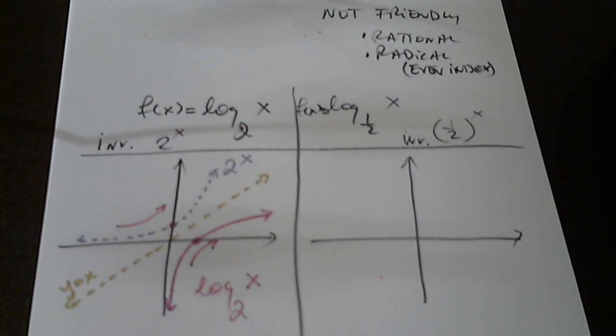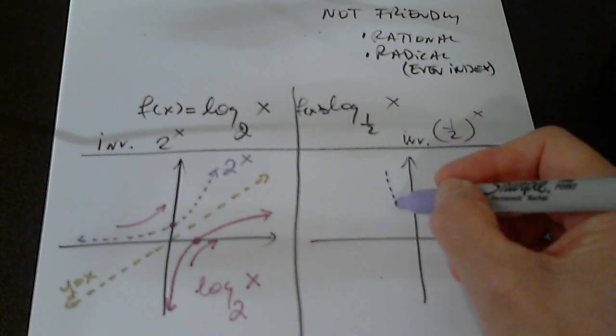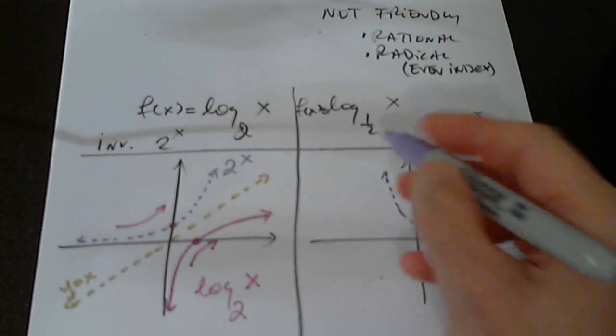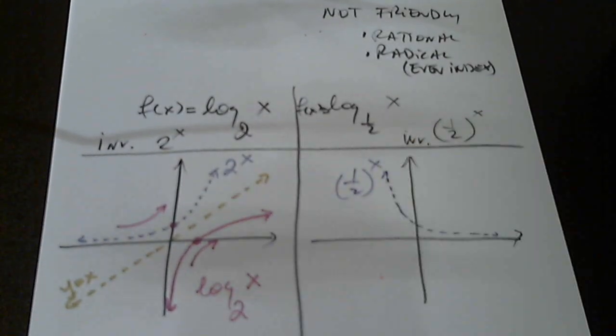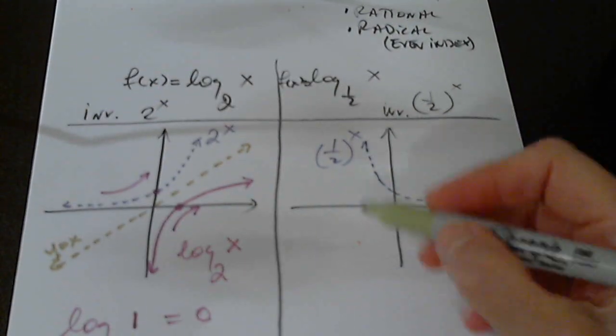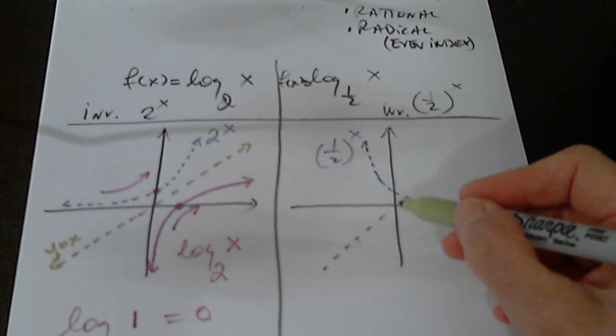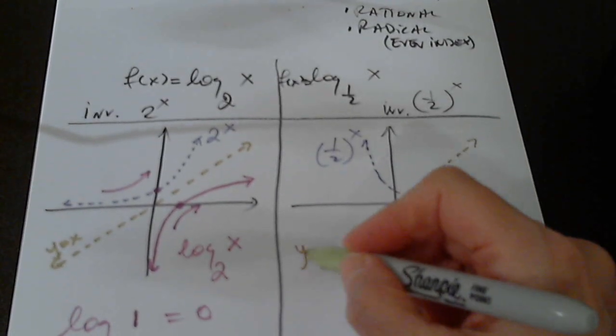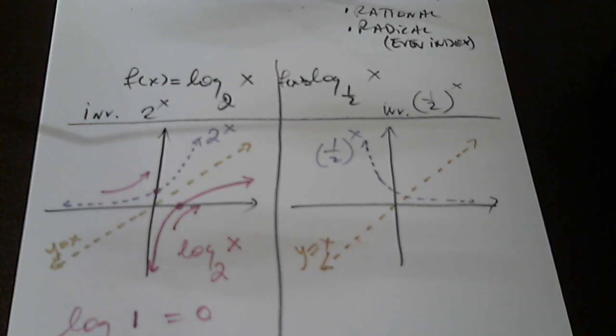Okay, so let's graph the other shape. If you remember, we had this. So this was 1/2 to the x power. I cannot graph the inverse function before I graph the bisecting line, y equals x. And now I'm ready to graph, and be very careful.